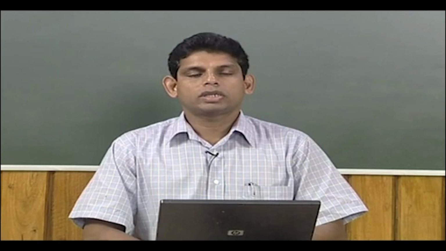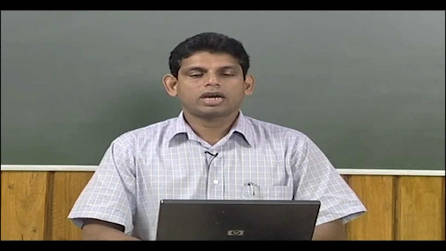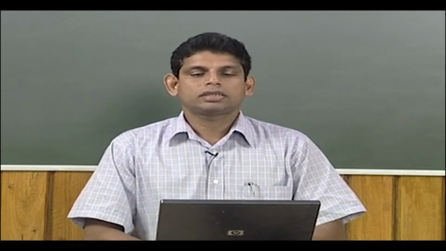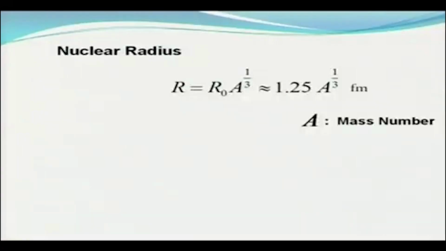And such experiments reveal that for a large range of the nuclei, there is a relation between the radius and the mass number that we could establish.